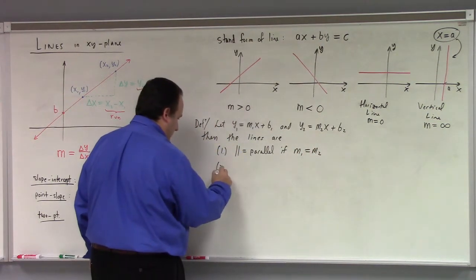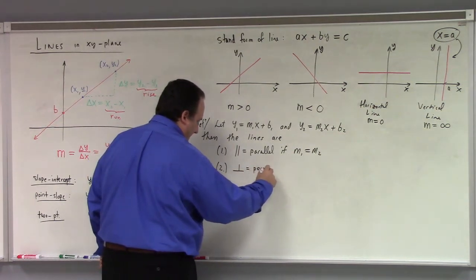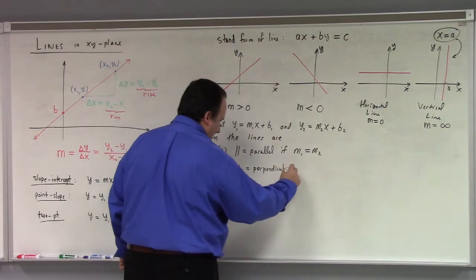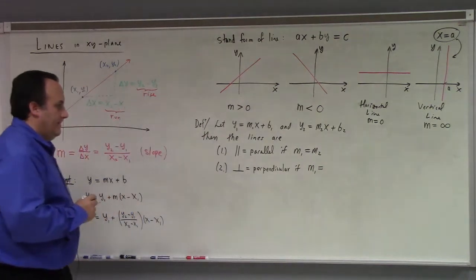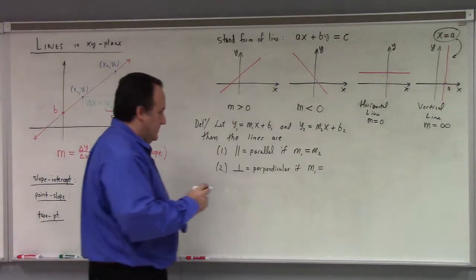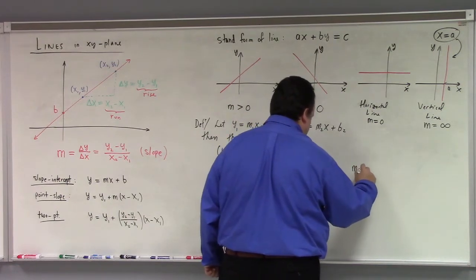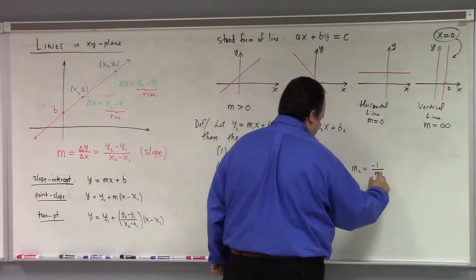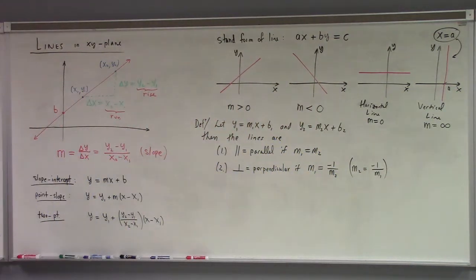And two, they're perpendicular if m1 is equal to what? Yep. Negative 1 over m2. Now, you're like, wait a minute, I thought it was m2 equals minus 1 over m1, right? Good news, those are the same equation, right? It's funny how that works.